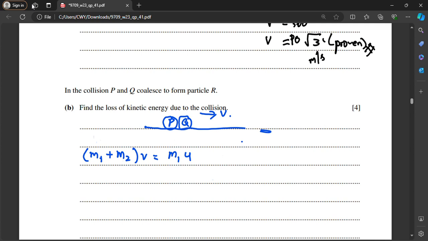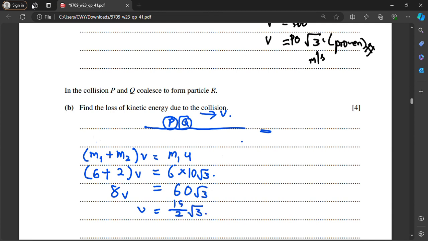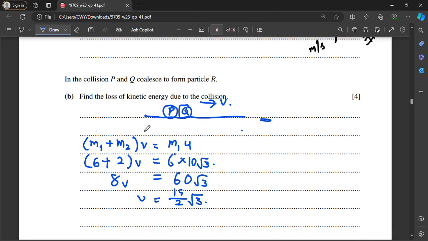I'm not sure if you learned this, the law of momentum. Anyway, you just sub in the values: 6 plus 2, then v is what you have to find, multiplied by v. My initial is 10 root 3. So you simplify, you'll get 8v equals 60 root 3, so your v is going to be 60 divided by 8, 15 over 2 root 3.